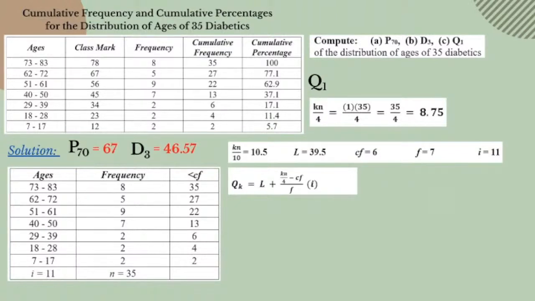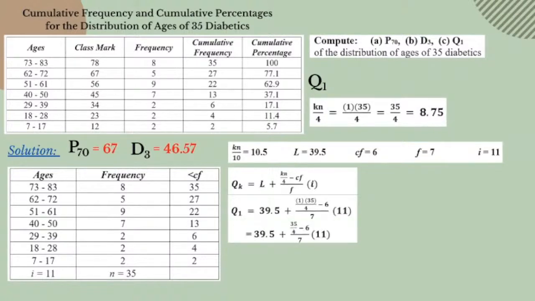Q sub k is equal to L plus (k times n over 4 minus CF) all over F times the quantity I. Then by substitution, we have Q sub 1 equals 39.5 plus (1 times 35 over 4 minus 6) all over 7 times the quantity of 11.